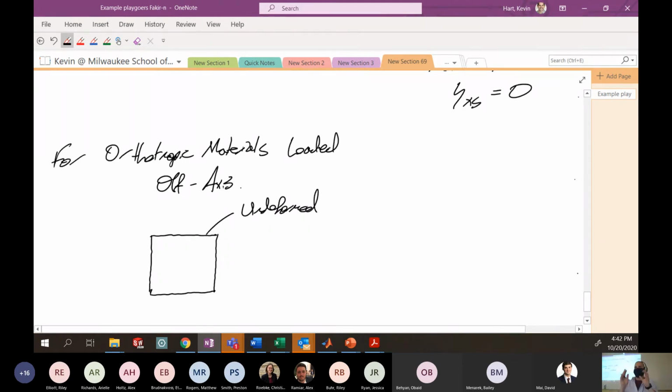But now let's put some fiber directionality to this because this is the composites class. So let's say you have some fibers running in here at generally a 45-degree angle. Now when I pull on this, the stiffness in this direction is quite high. But the stiffness in this direction is quite low.